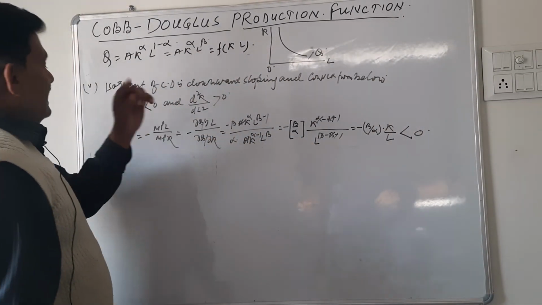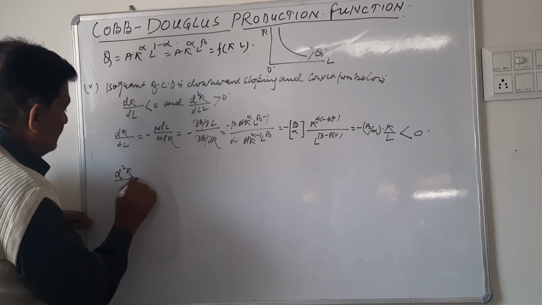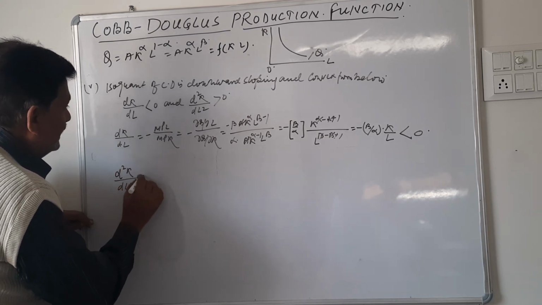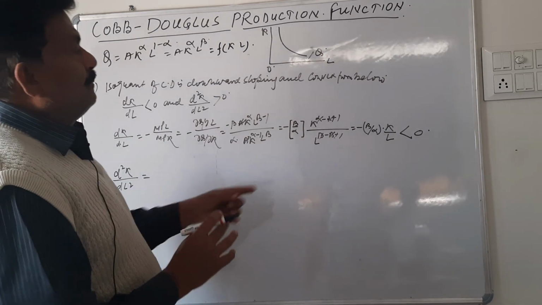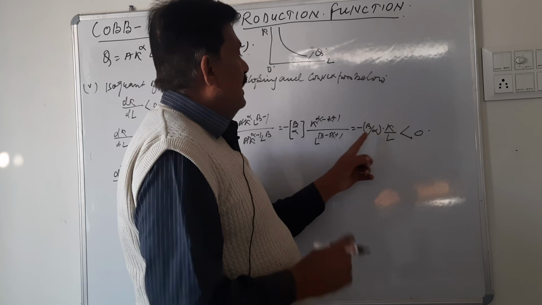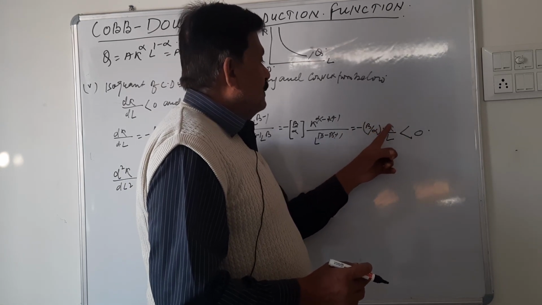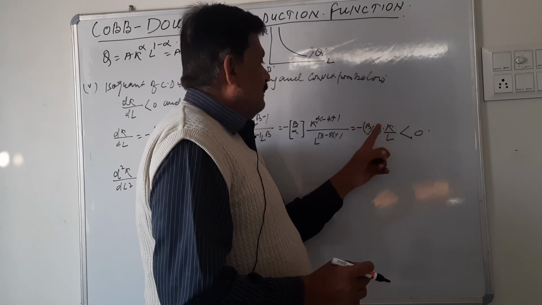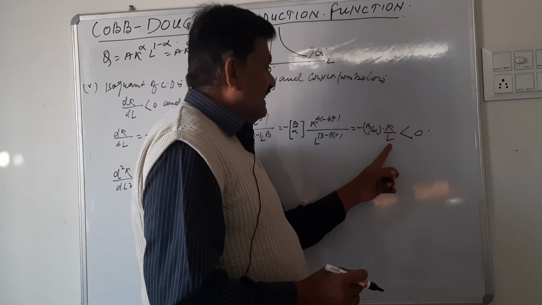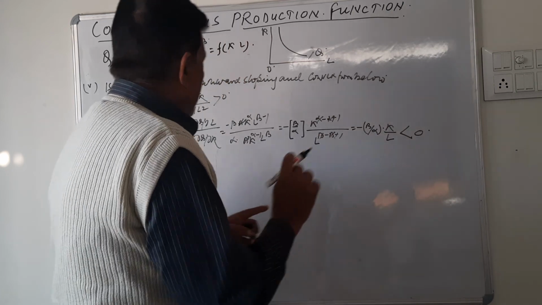And for the second derivative to be positive, this first derivative has to be differentiated once again with respect to L. Now, minus beta by alpha into K, these are all constants, simply 1 by L has to be differentiated, and the differentiation of 1 by L is minus 1 by L square.